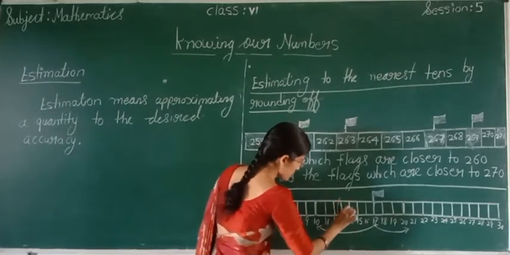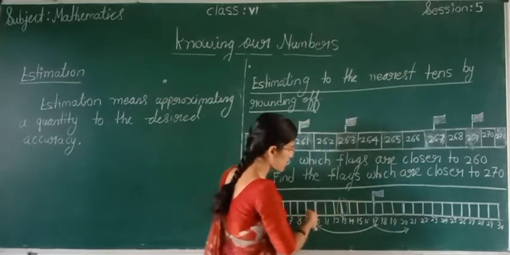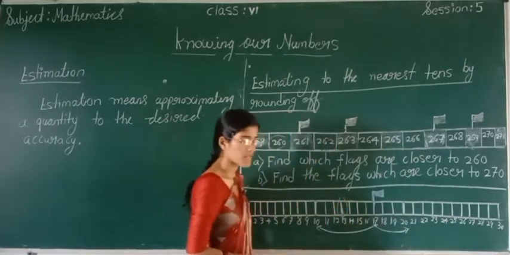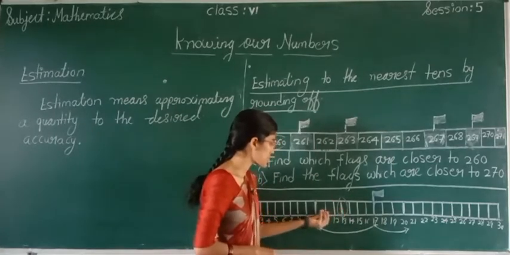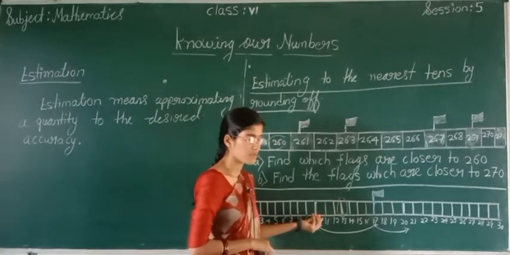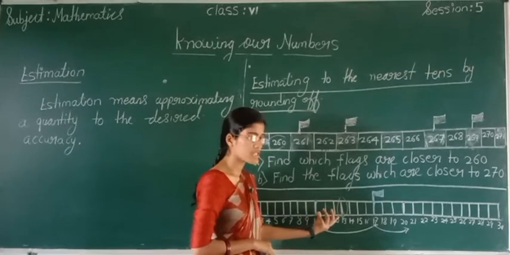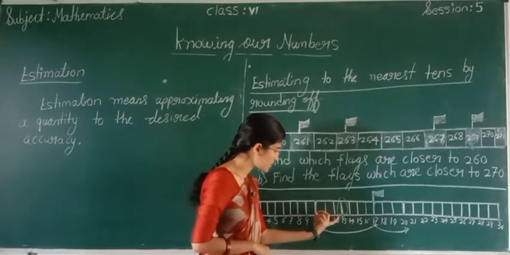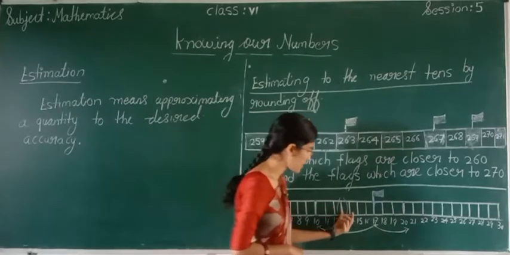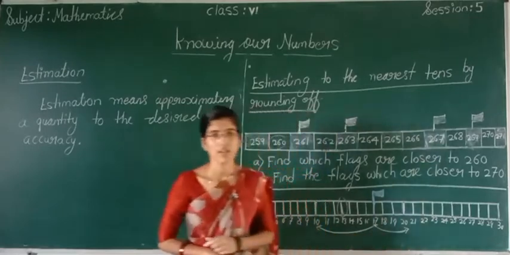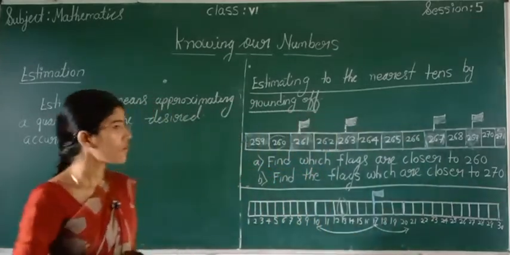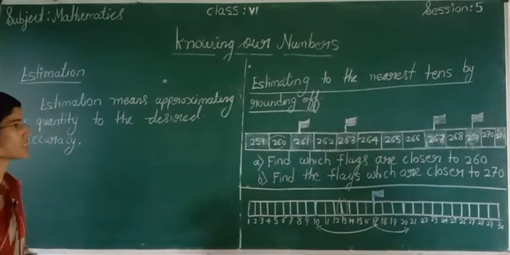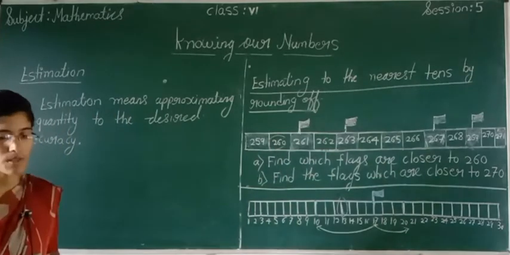Again if I ask question, here 13 is nearer to 10 or 20. If I ask you 13 is nearer to 10 or 20, your answer will be 13 is nearer to 10, because what is the reason? Because here the difference between this is very less compared to 20. Now, what is your estimating to the nearest tens by rounding off means?